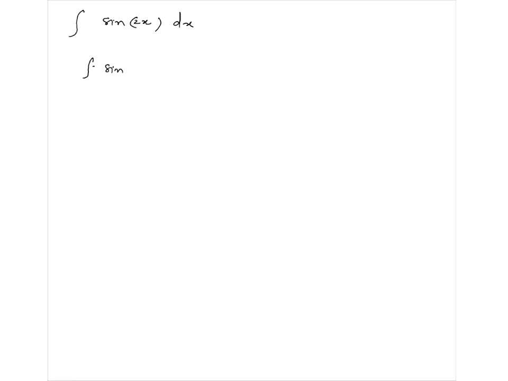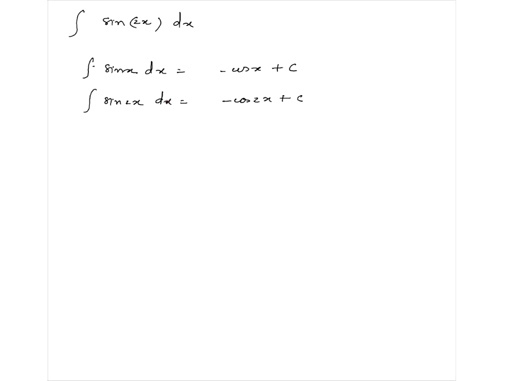If the integral of sine x dx is minus cos x plus c, then don't just write minus cos 2x. That's not correct. This will be correct if 2x is there everywhere in place of x.